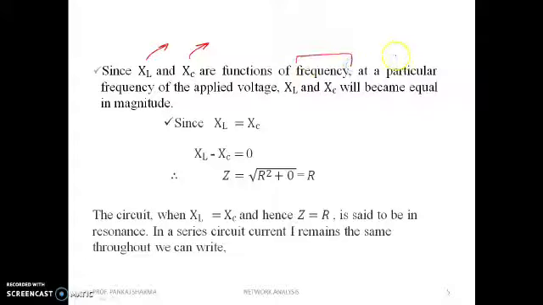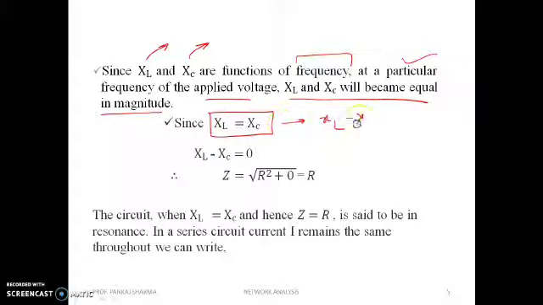At a particular frequency of the applied voltage, XL and XC will become equal in magnitude. If it is happening like this, XL minus XC is equal to 0. Put this in the equation.